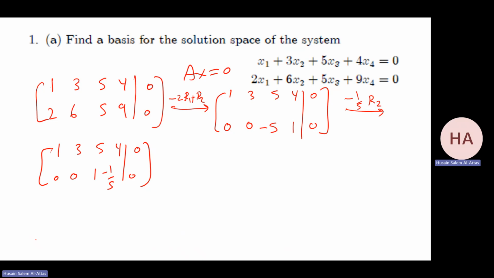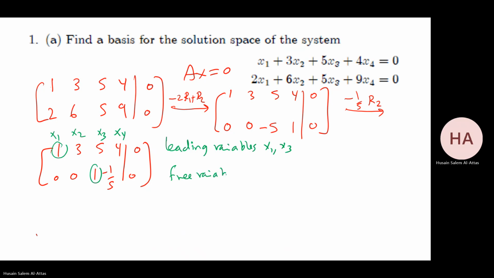Now this gives me x1, x2, x3, x4. What are the leading variables? They are x1 and x3. And the free variables are x2 and x4.